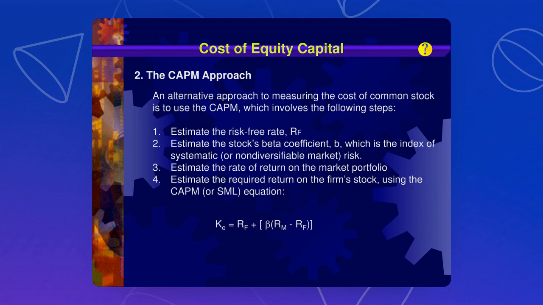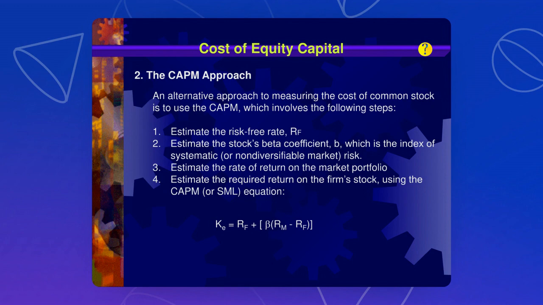Alright, so how do we compute for the CAPM model? Number 1, we should first estimate our risk-free rate, or RF. Number 2, estimate the stock's beta coefficient. Although it is usually given, what we compute is the return, which is the index of systematic or non-diversifiable market risk.